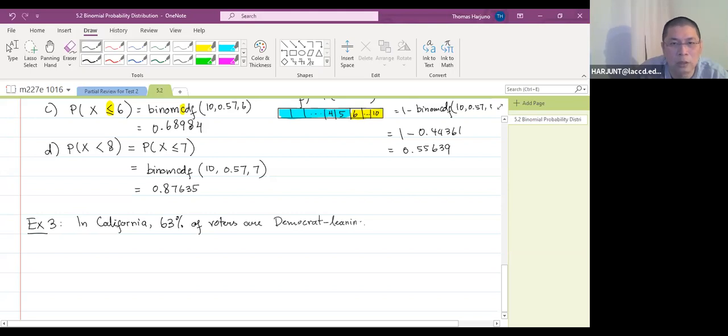In other words, if they vote, then they will vote, for example, for the president from the Democratic Party. Now the thing is, not all voters are going to vote. Okay? Not all voters are going to vote.